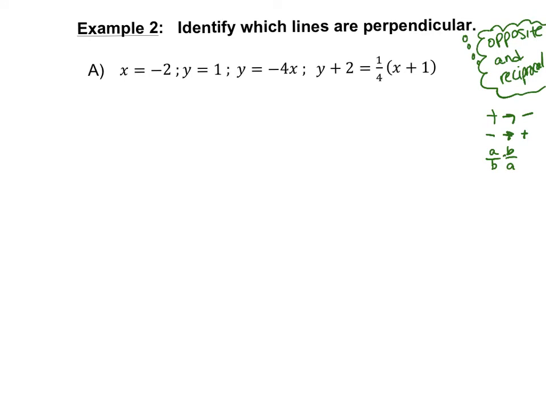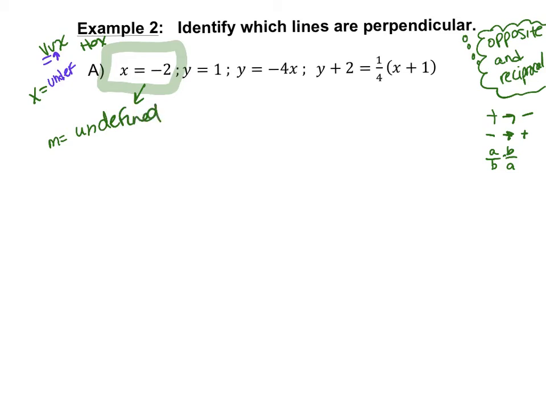All right, let's look at the first one. X equals -2. An x equals equation is a vertical line, and its slope is undefined. We know y equals 1 has a slope of 0.